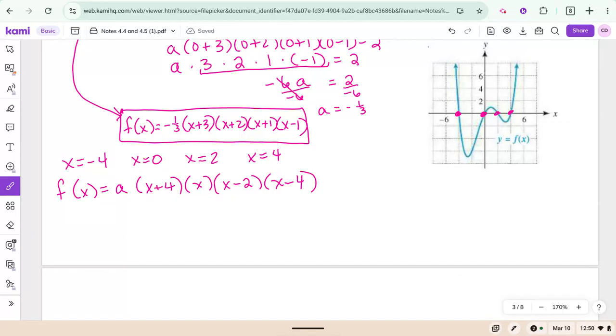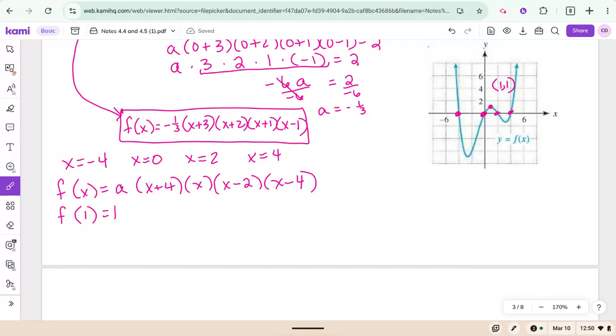Now, to figure out a, I need to find another point on this graph. Maybe I will use this point right here, which appears to be (1, 1). That seems pretty nice. (0, 0) is not going to work because anything would work for a in that case. So I'm going to plug in 1. If I plug in 1 for x, then the answer should also be 1.